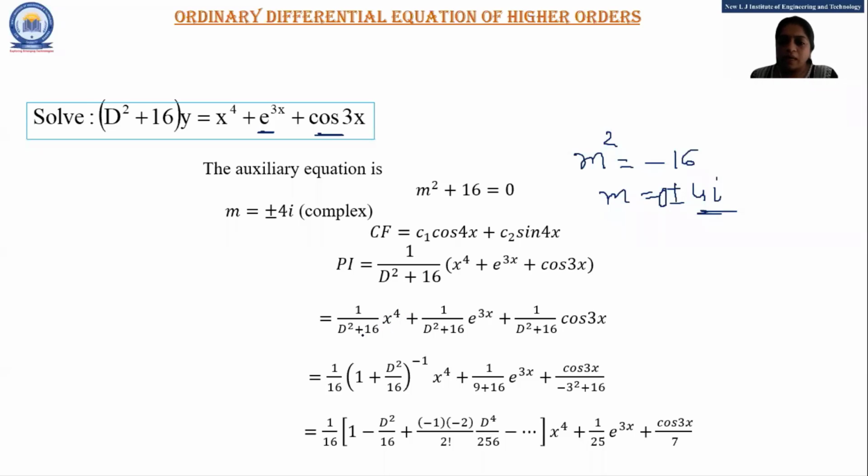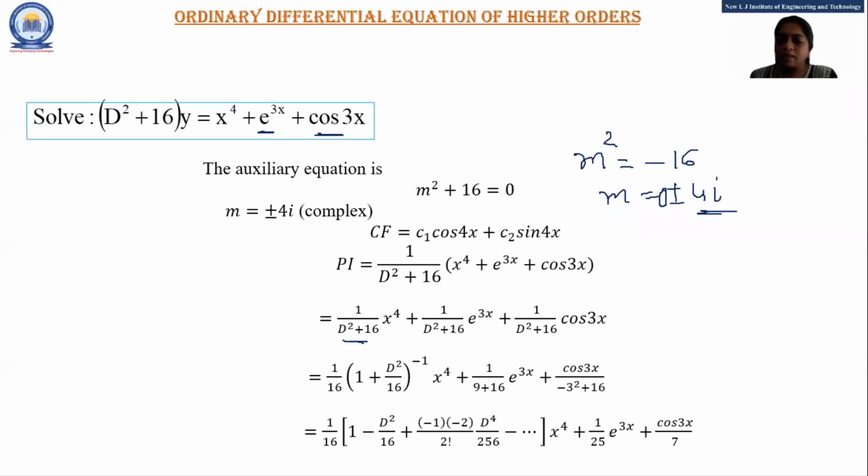So for case 3, we need our denominator in the form 1 plus d. So I am taking 16 common. Our denominator is 1 plus d square by 16, right? And if I put this 1 plus d square by 16 in the numerator, I have 1 plus d square by 16 raised to minus 1.